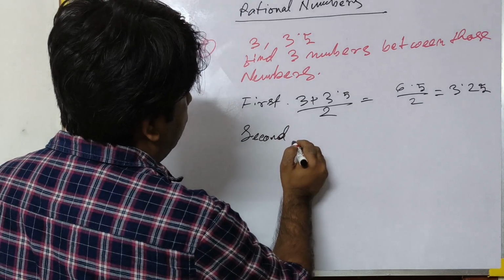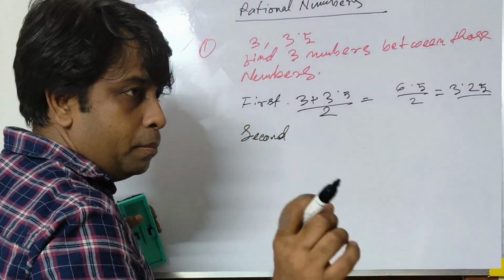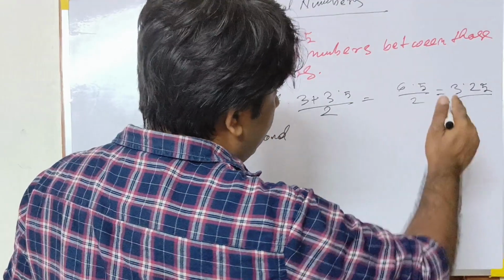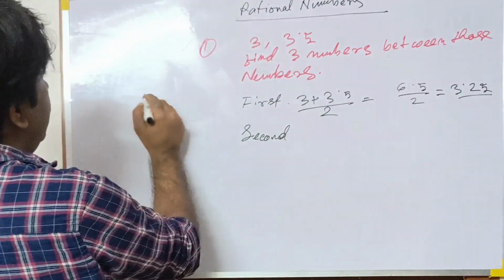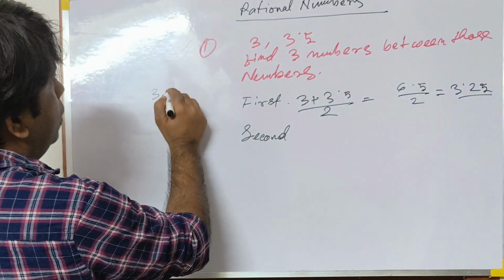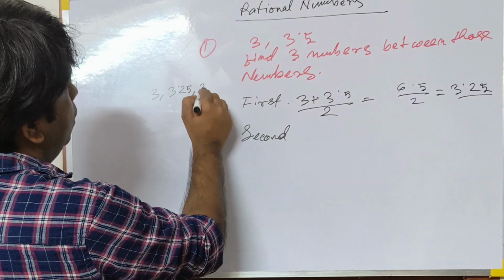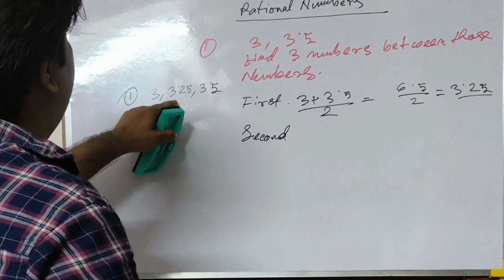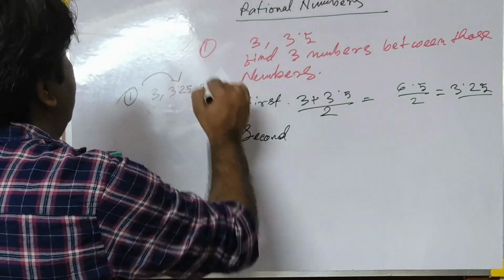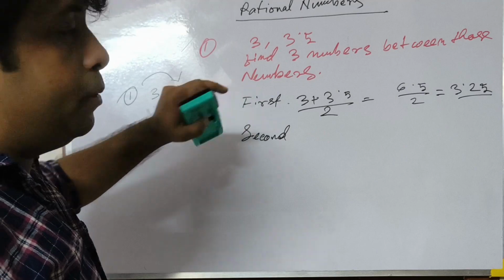This is the mid number. This number is actually between 3 and 3.5, so we can write 3, 3.25, 3.5. So this is the first number which falls between 3 and 3.5.